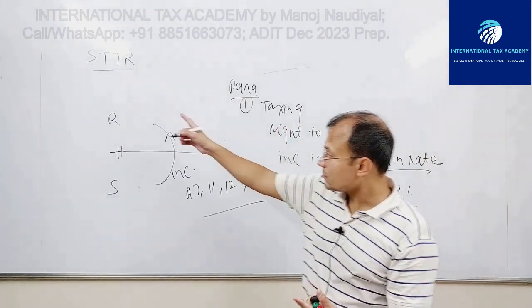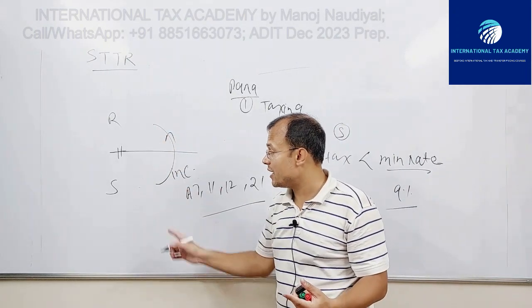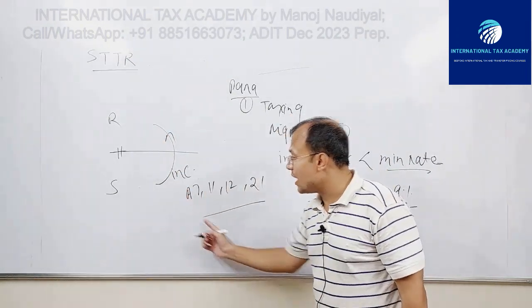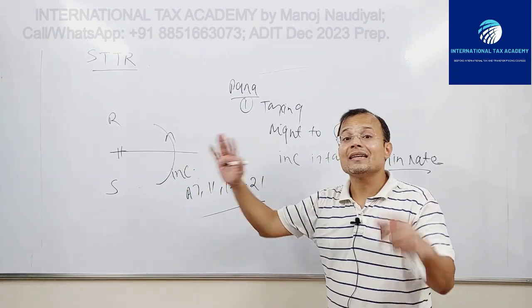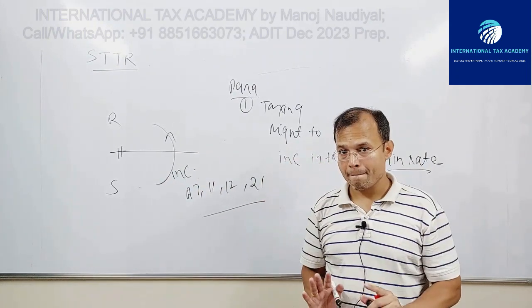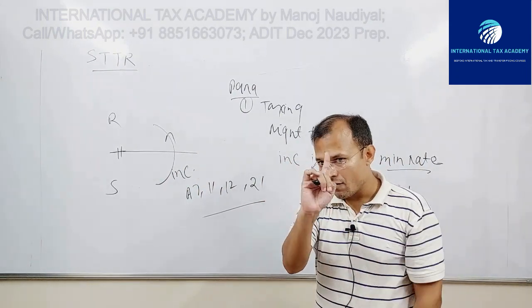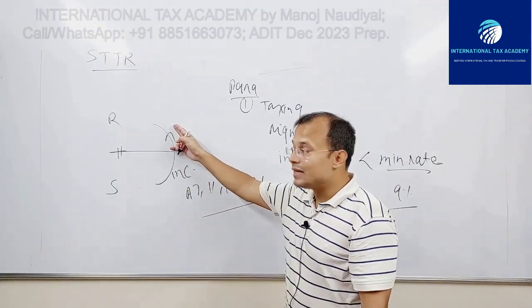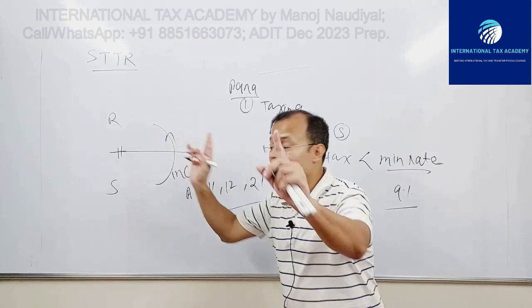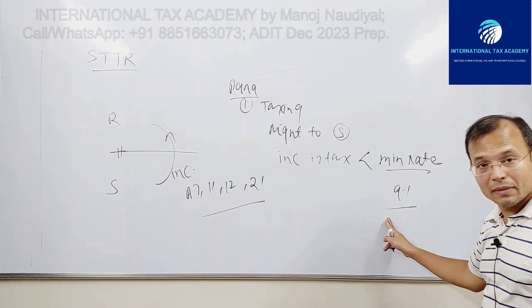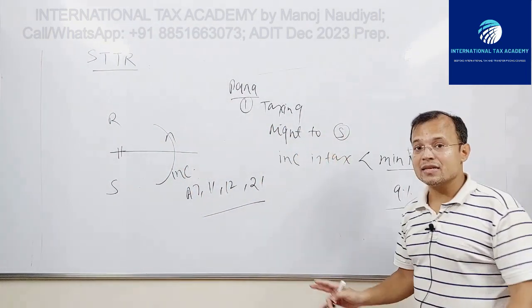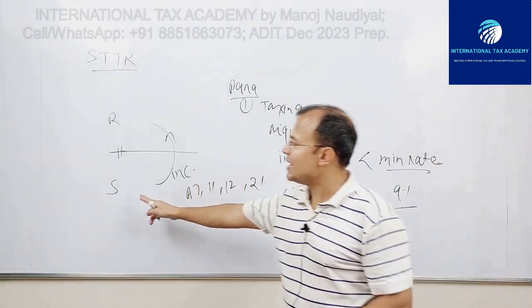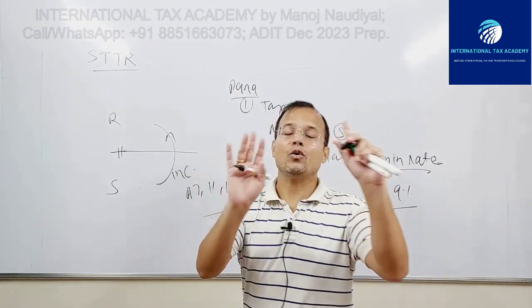If under any of these articles S state's taxing rights are limited, that is the first condition. Second condition, the income is taxed in the R state at a rate which is less than the minimum rate of 9%. If these two conditions are satisfied, then S state is given the right to tax.